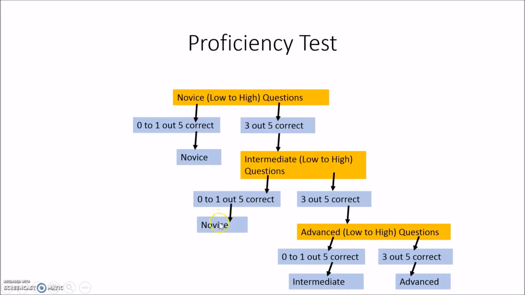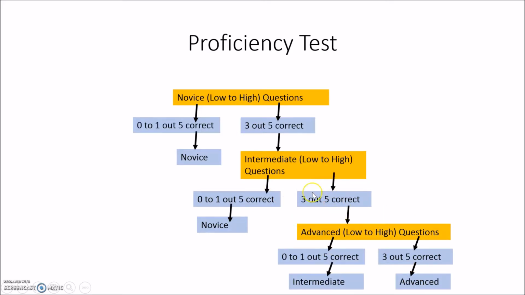They try to answer those questions, but if they fail to answer too many of them correctly, 0 to 1 correct, then they're not intermediate yet. They're still novice, and they don't have to do the rest of the sections.